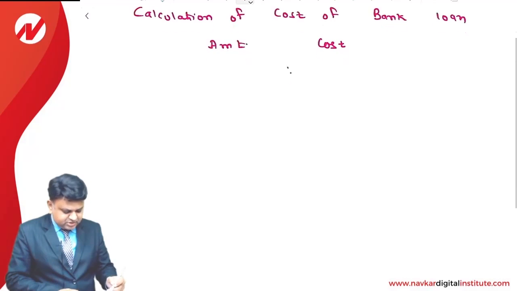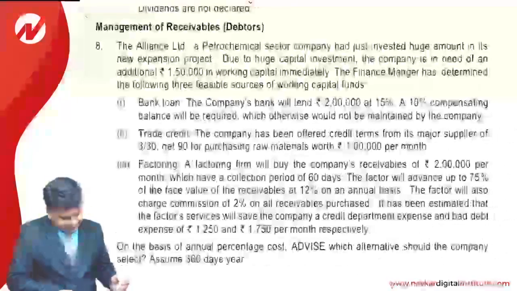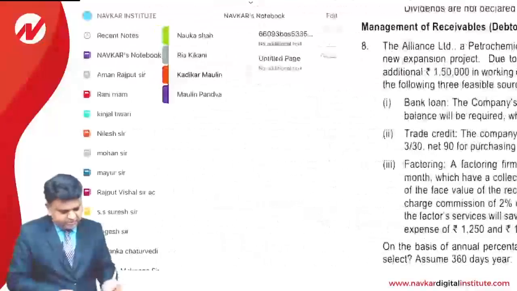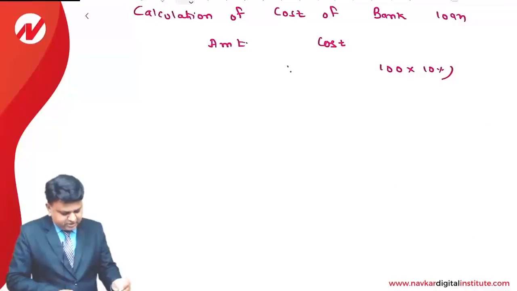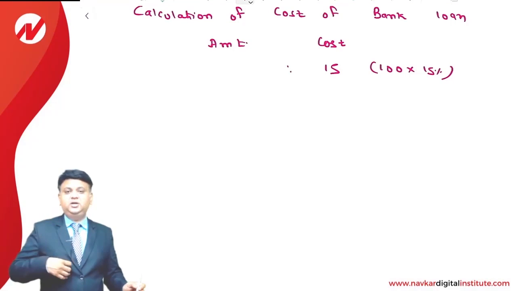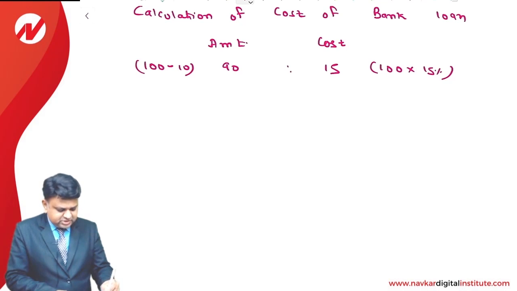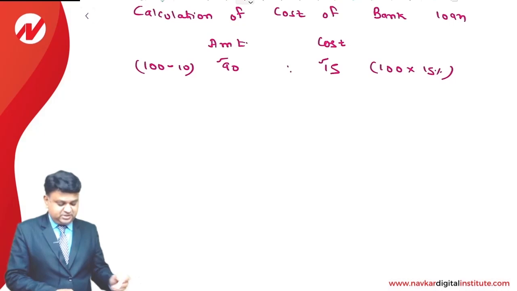Then what is the interest cost? It is 100 into 15%, because the rate of interest is 15%. So the cost is 15 rupees. And importantly, you are allowed to use an amount of rupees 90. How is 90 calculated? It is 100 minus 10. So this is the cost for using 90 rupees in the business.